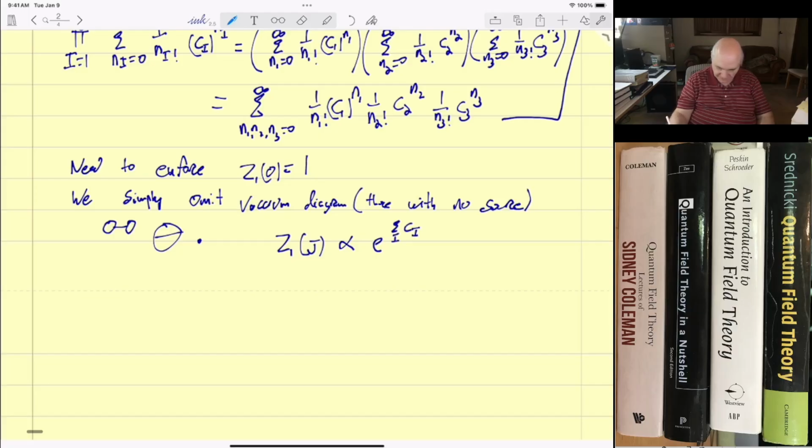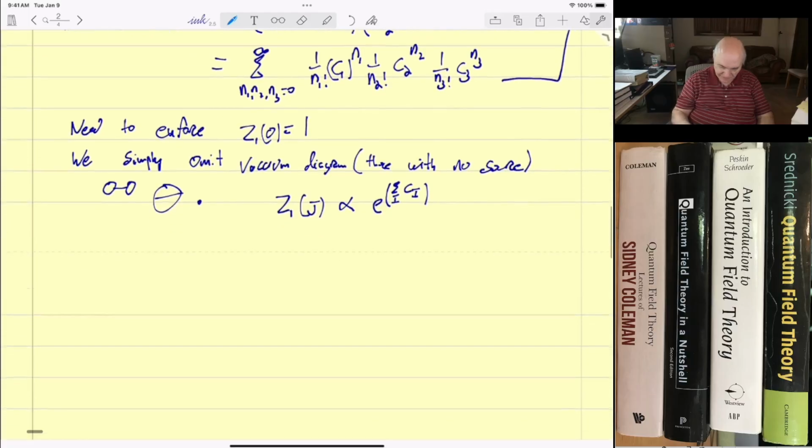That's what we derived, that nice looking formula. Now, since it's proportional to that, what that means is Z1(J) is equal to, let's call it alpha, some constant, times e to the sum over I of CI.